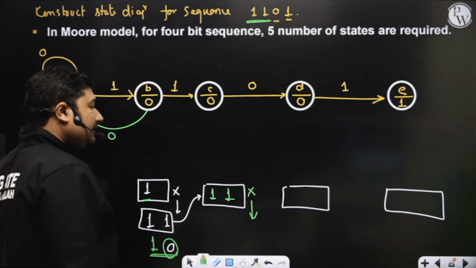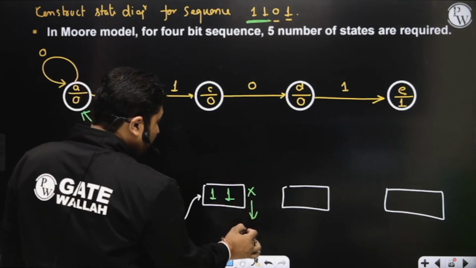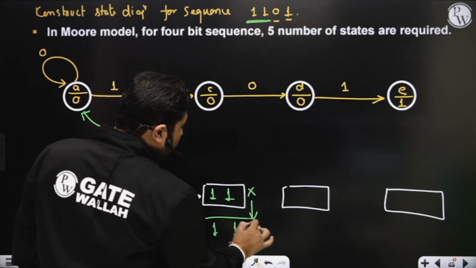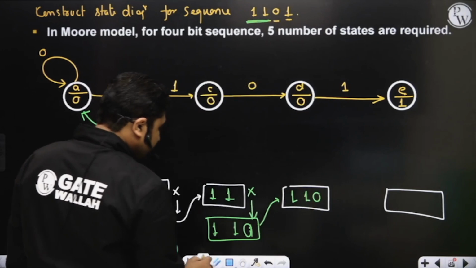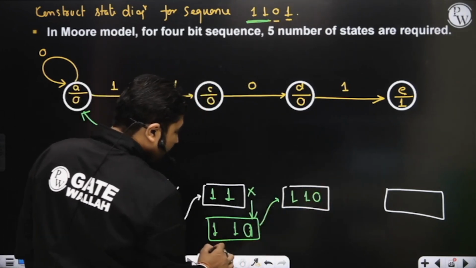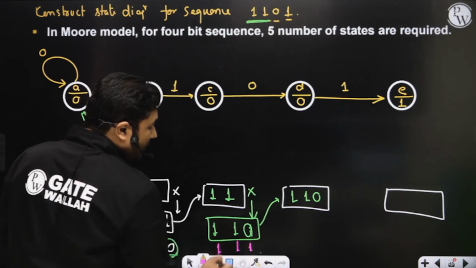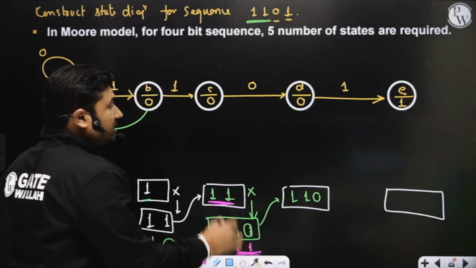Now again detect the next bit. If x is equal to 0 is coming, then all the 3 bits are detected. Go to the next state. In case x is equal to 1 is coming, then it is not the required state. Now compare the last 2 bits with the 2-bit state. If it matches, come to that state.